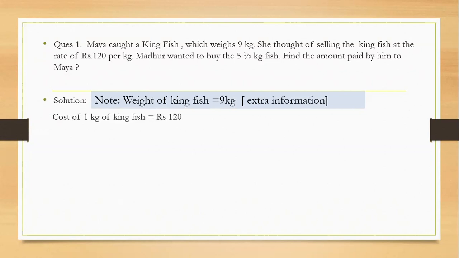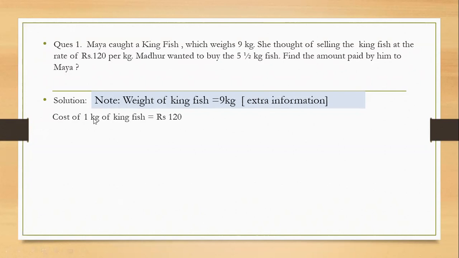So as you know, in the given questions, a few pieces of information we use, while some information which is not required we ignore. So this is a note for you that the weight of the kingfish equals 9 kg, as given in the first line of the question, is not required. So please mark it as extra information. You have to understand which is extra information and you have to ignore it.